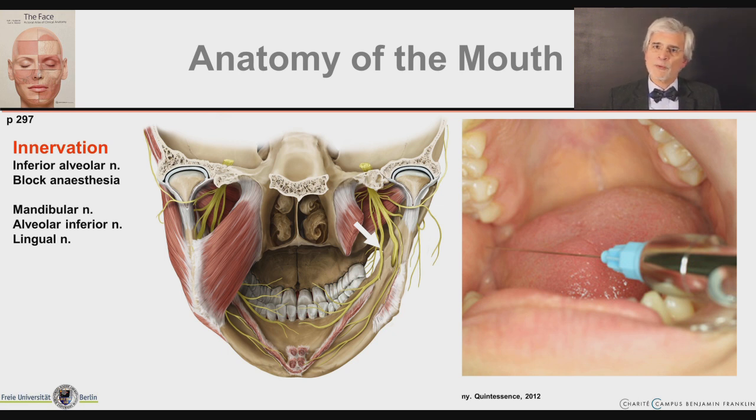You have to be careful that the patient does not bite his tongue until the sensory innervation is restored after treatment. So if the nerve block at the inferior alveolar nerve is well positioned, then the whole distribution area is well anesthetized from that point on.